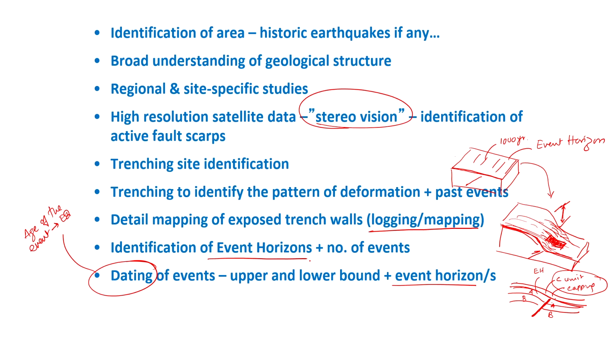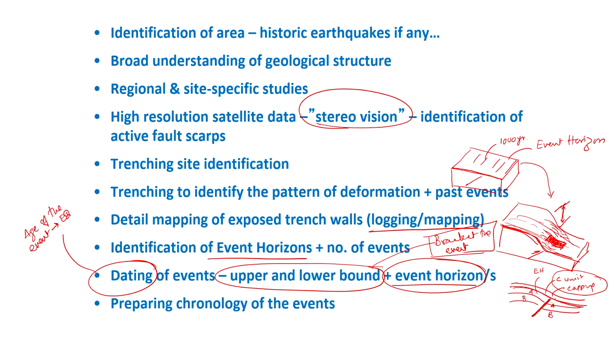Of course, as I told, we will date this also, but usually we try to bracket the event. We try to say that, okay, fine, the earthquake occurred between this and this age. Okay, before present, and we even identify calendar ages and all that.